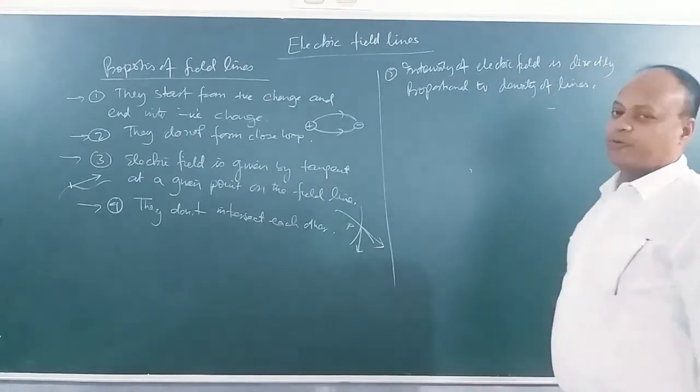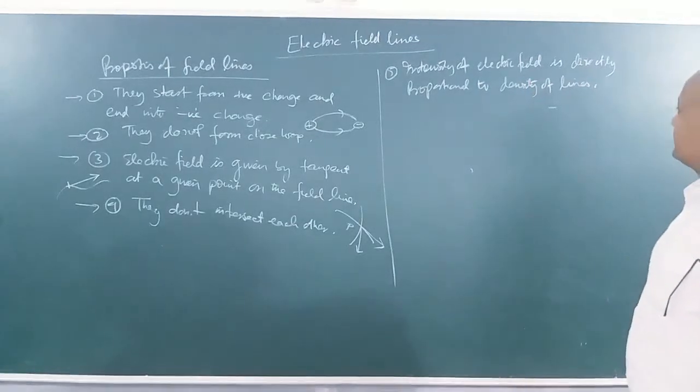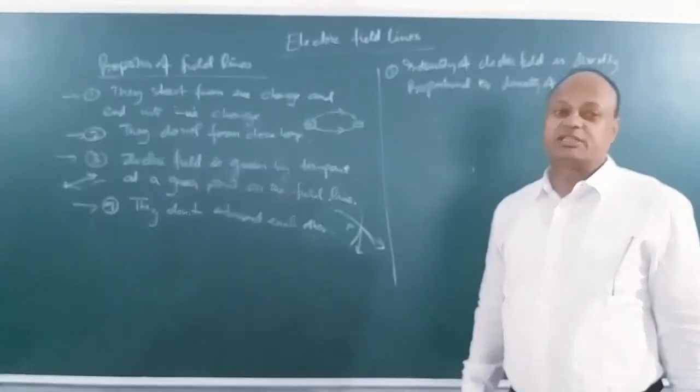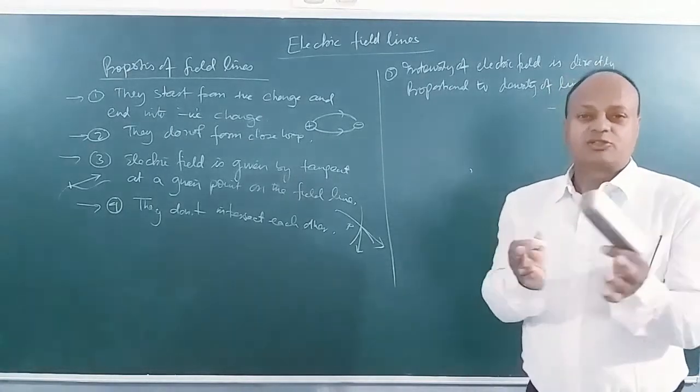Now this is an important point that you have to know. What does this point mean? Intensity of electric field is directly proportional to density of lines. It means the more closely packed the lines are, the stronger is the electric field.